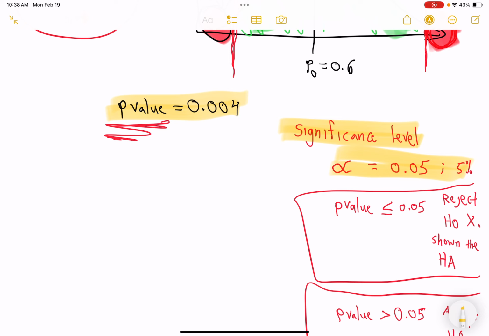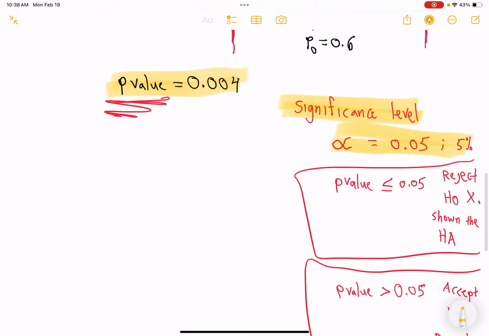But if you do have a small enough alpha, you'll be allowed to reject the null hypothesis. Basically, the p-value represents the likelihood that the null can be trusted. And if it's 5% or lower, we can't trust the null.